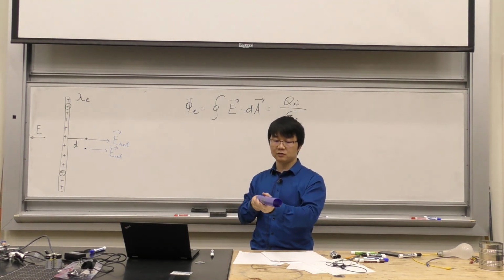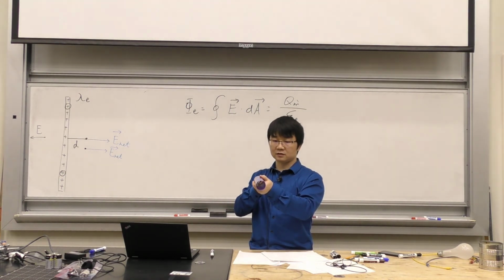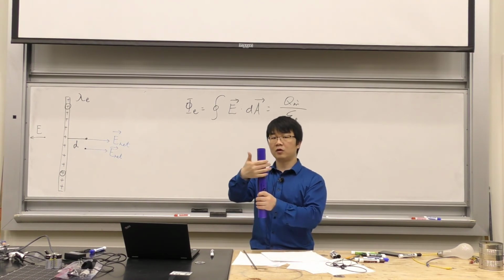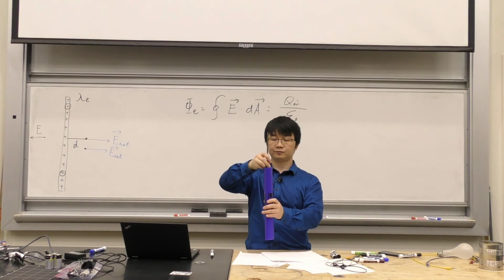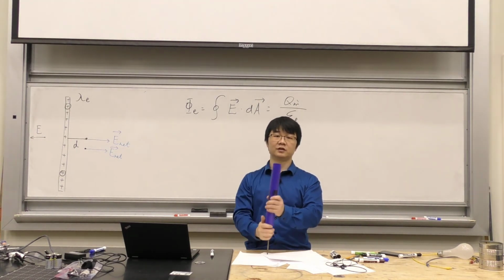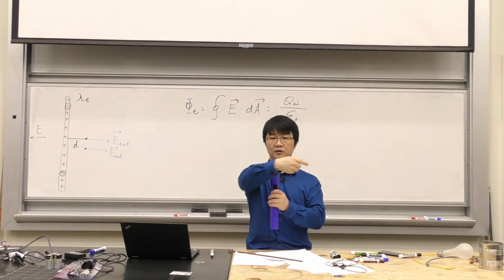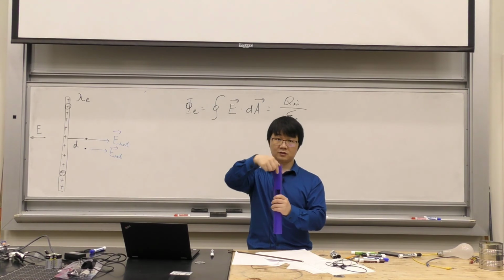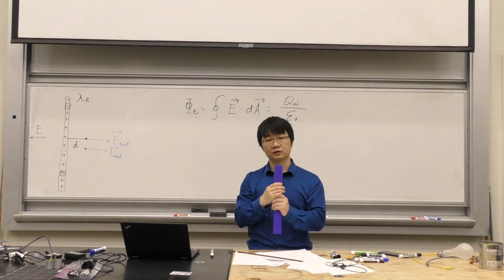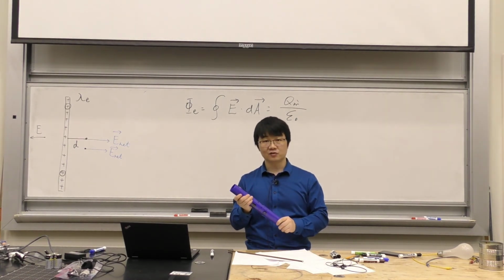I draw a Gaussian surface with this rod totally through the center. For every point on this Gaussian surface, you're going to see the electric field this way, outward. And the magnitude should be all the same, because they are totally equivalent. So that's the Gaussian surface I draw.